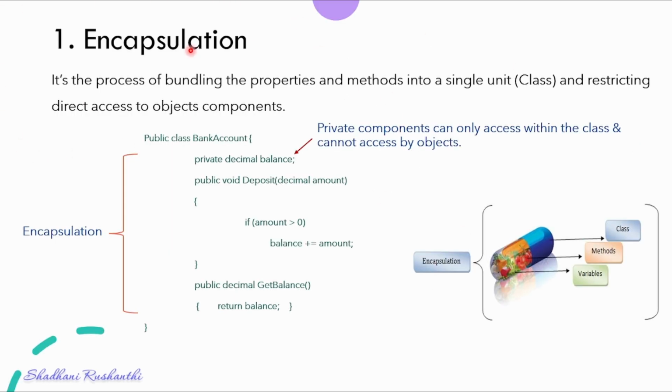Encapsulation. Encapsulation is a principle of object-oriented programming, which is the process of bundling the properties and methods into a single unit and restricting direct access to object components. In the previous example, I defined the properties of this class as public.